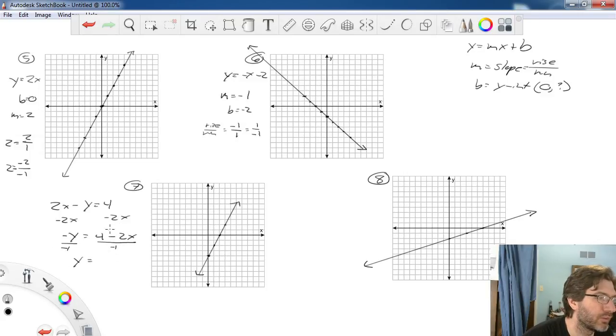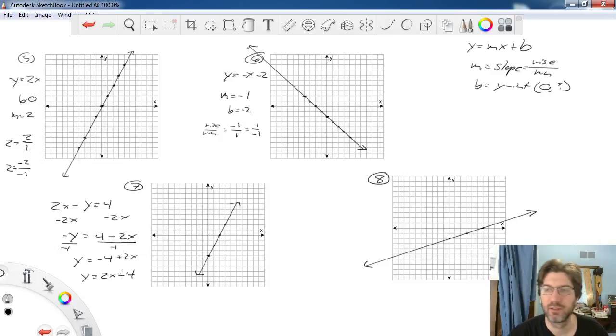The 4 will be negative 4 and the 2 would be positive 2. But you probably like it like this, just switching the order of the terms. And just watch your sign work.